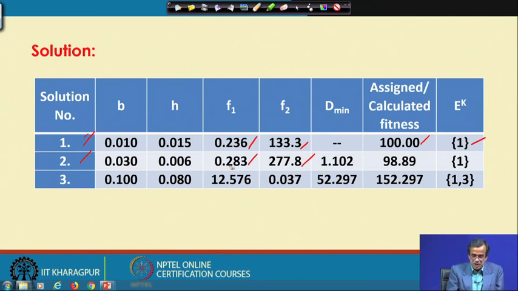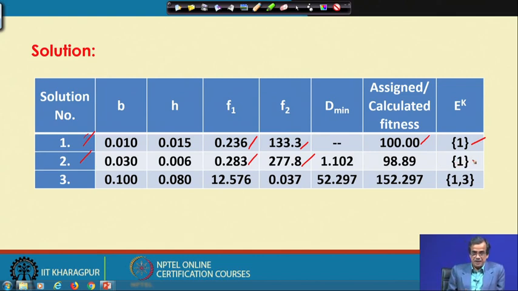Once we have got these, let us discuss how to determine D min, how to find out the modified fitness, and how to decide whether the second solution will enter the non-dominated front or not. So, I am going to discuss how to handle all such situations.